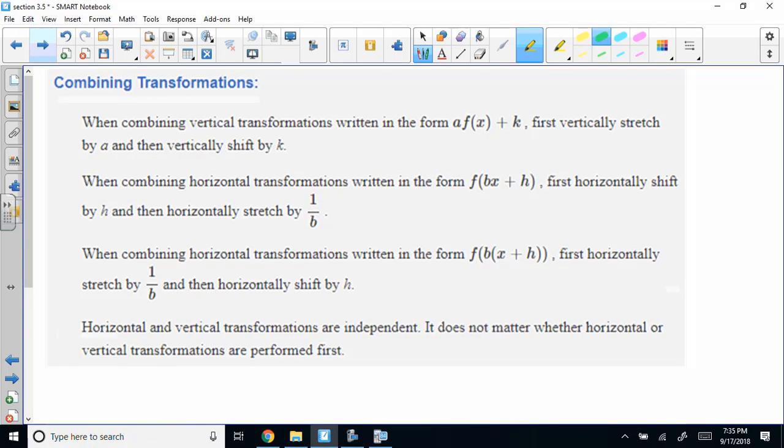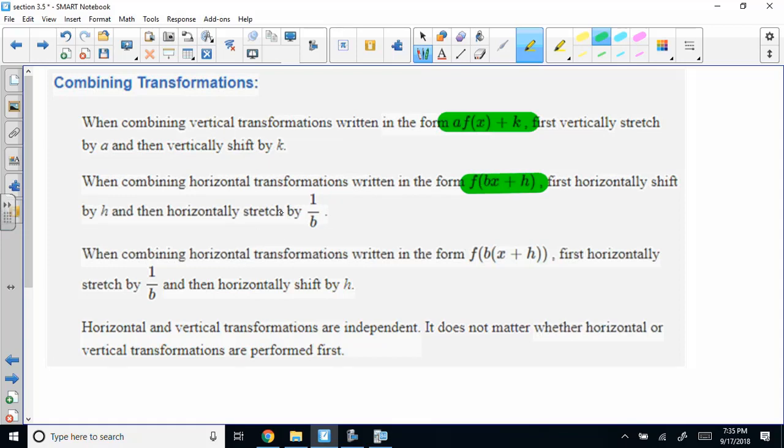I think that's all. Combining them? Look right here. We could get the shift up. But what's that first one doing? That's a stretch because it's a times it. What about this one? That's a compression and a shift left, or what?